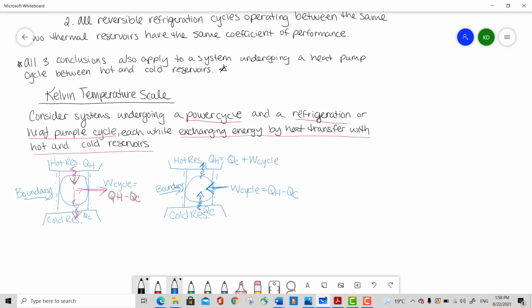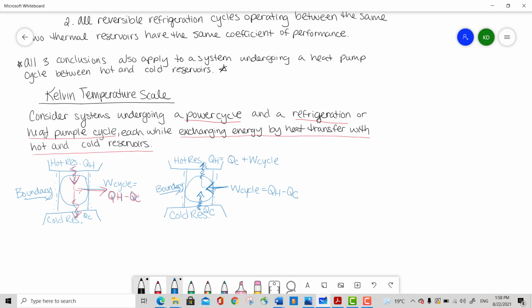So then you will have QH minus QC. So we will have some work coming in to force that cold reservoir, that cold heat transfer, into QH, which would then make your QH what you originally started with as QC plus your work cycle. So all of this coming up to help that go into the hot reservoir.